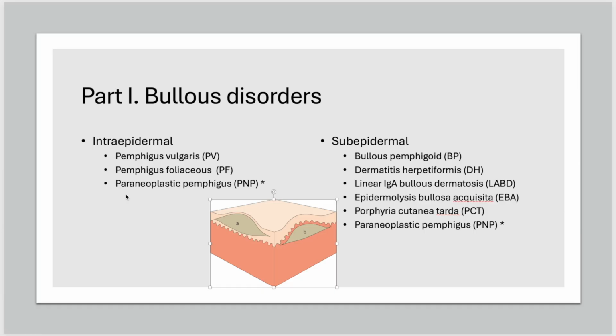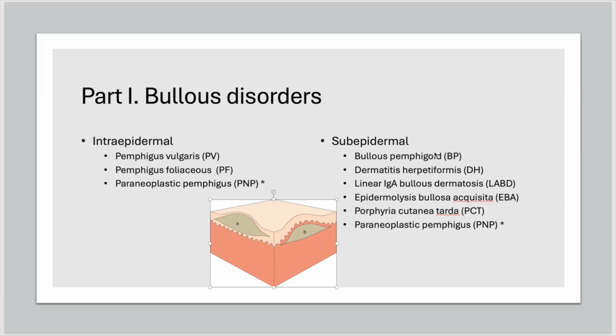Those disorders occur when the cohesion or the desmosomes between the keratinocytes are disrupted. In contrast, the right category, which is the subepidermal blister, results from defects at the dermal-epidermal junction, often involving the hemidesmosome or the basement membrane zone proteins.